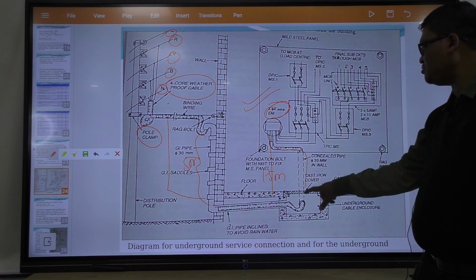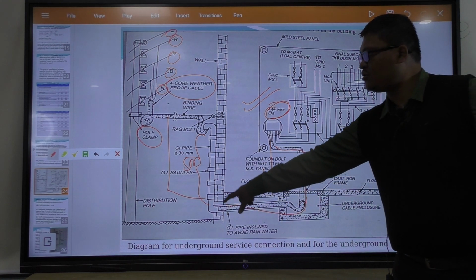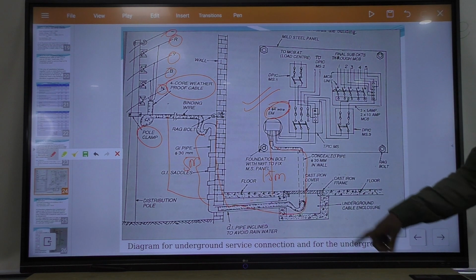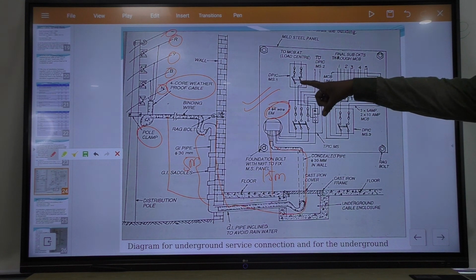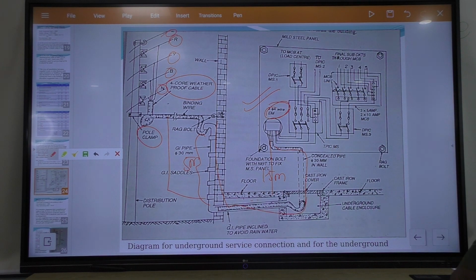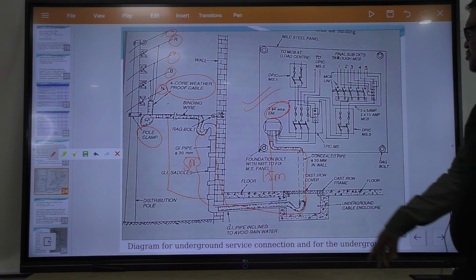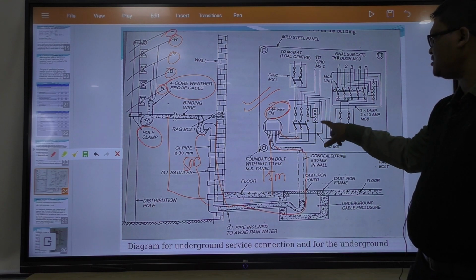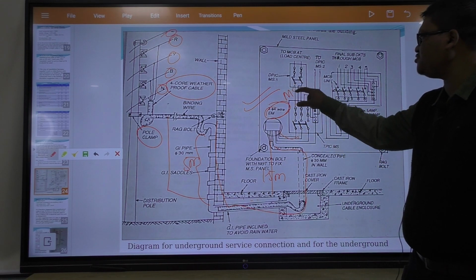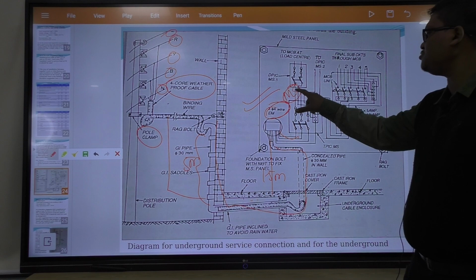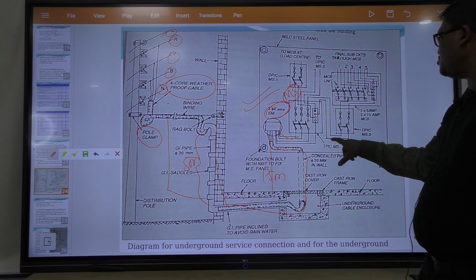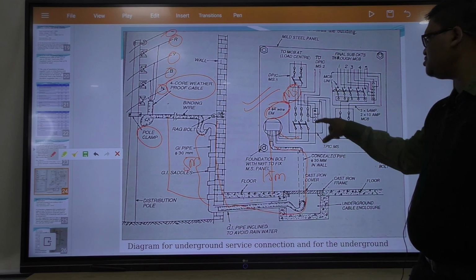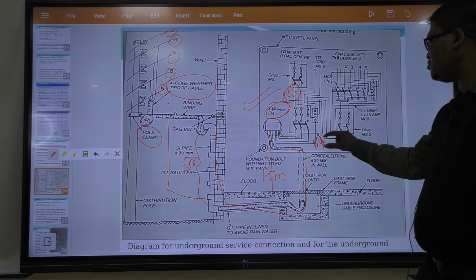From the energy meter, this weatherproof cable is connected to the service pole and service bracket. Then from the energy meter comes the main switch. This is the main switch. From the main switch comes the main distribution board.